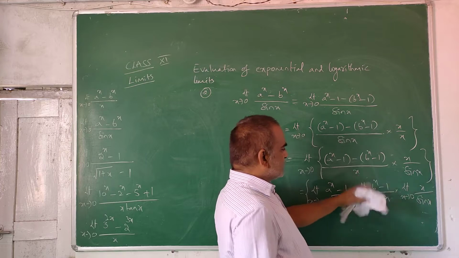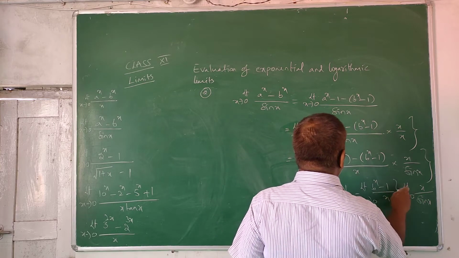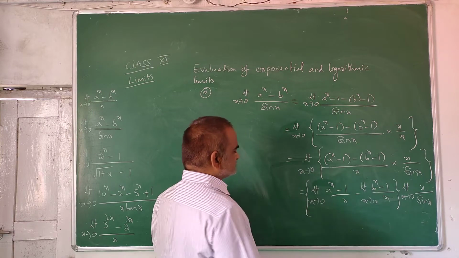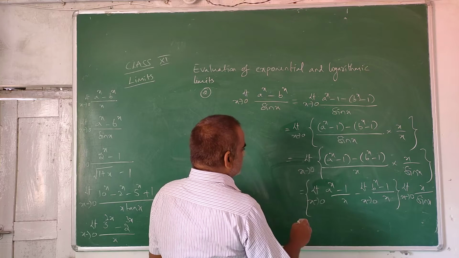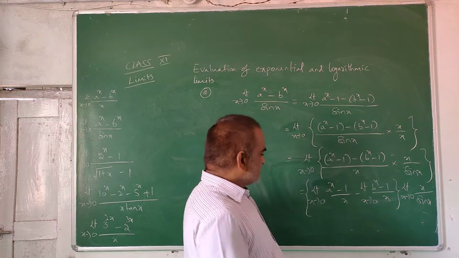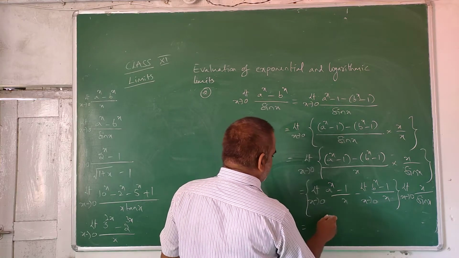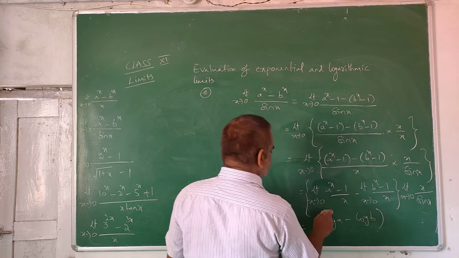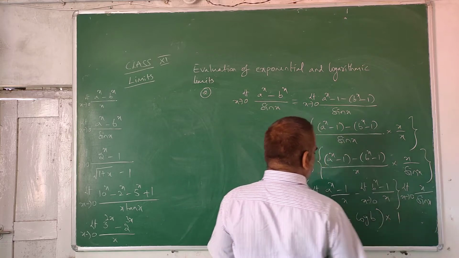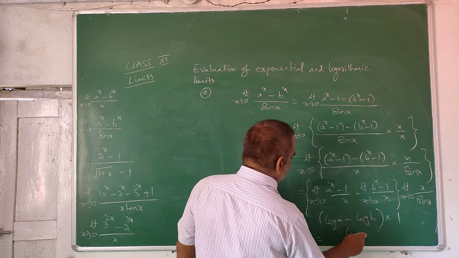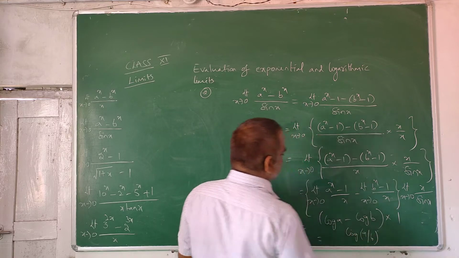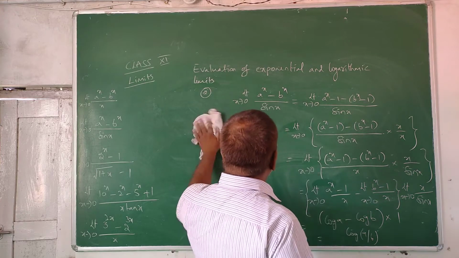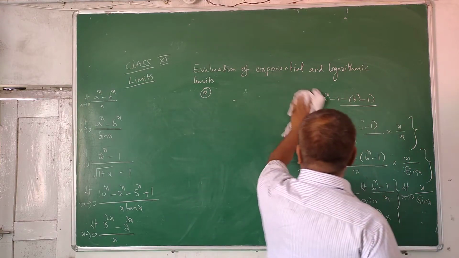I separated the fractions and limits. Are you following? So this is equal to, now this is log a minus log b using the standard limit, into this is 1. So which is equal to log of a by b. So this also results as log of a by b only. Understood? Now going to the next question.